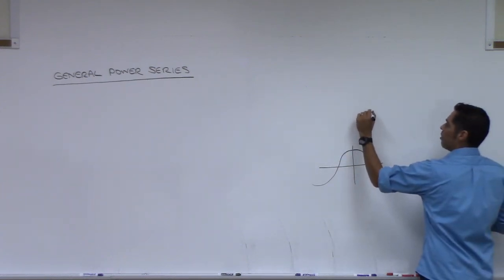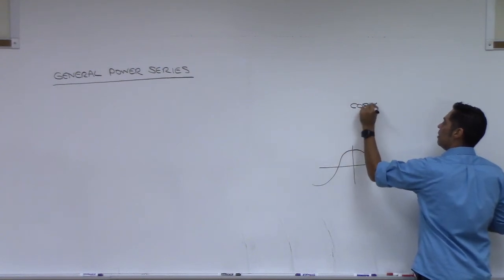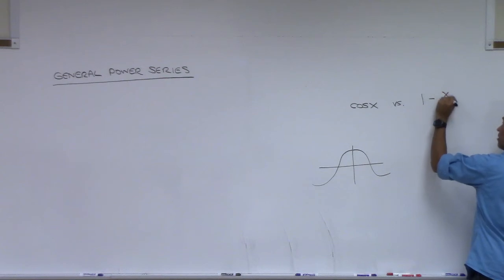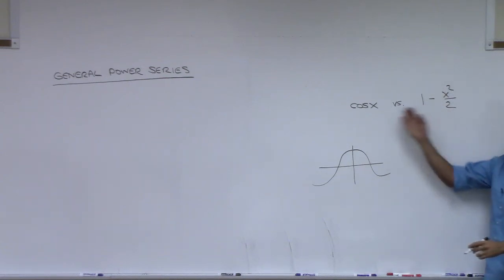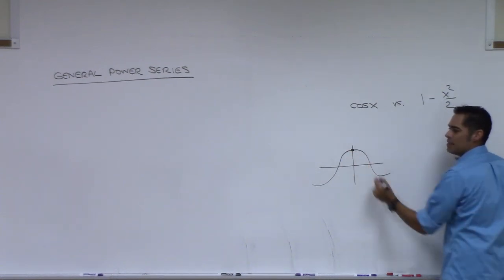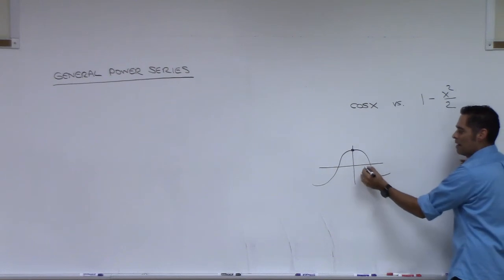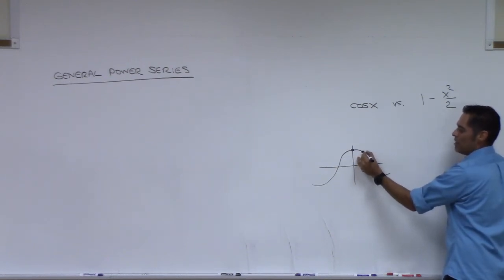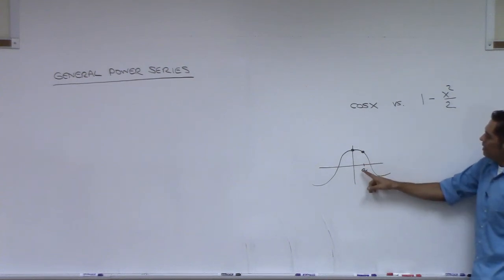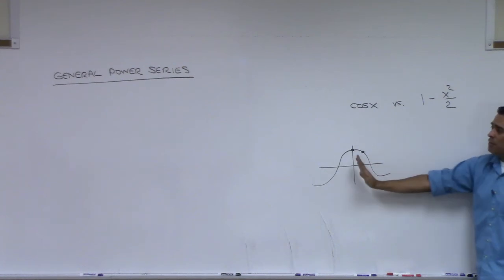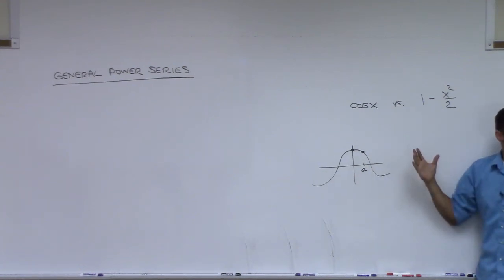And we said, okay, we can approximate cosine x versus this other thing, 1 minus x squared over 2. And I hope I convinced you that these two are pretty close to one another near what? Near 0, right? But what if I wanted to not be near 0? What if I wanted to be over here, like some value, let's say a?